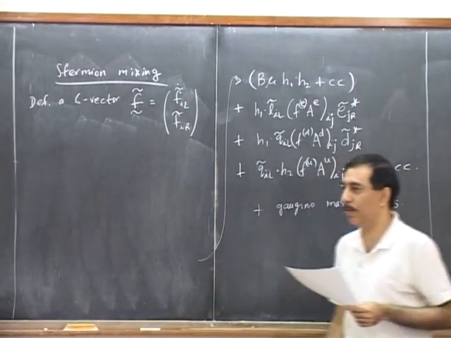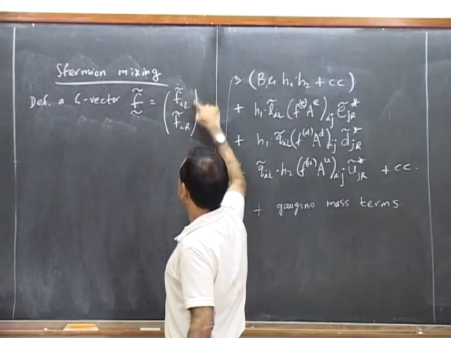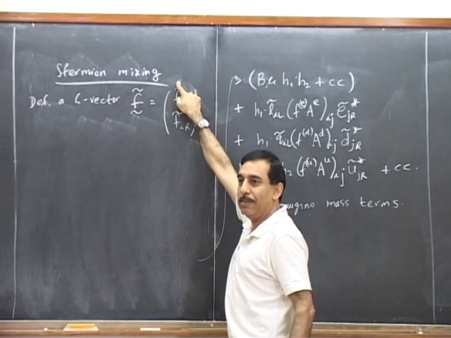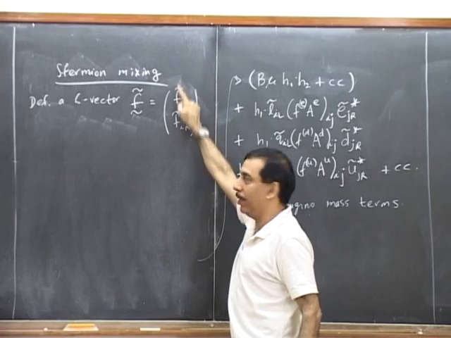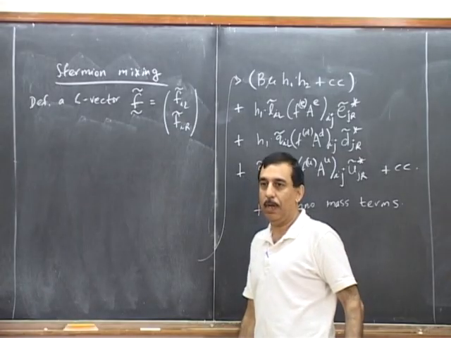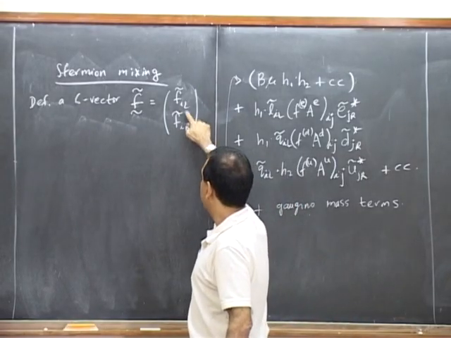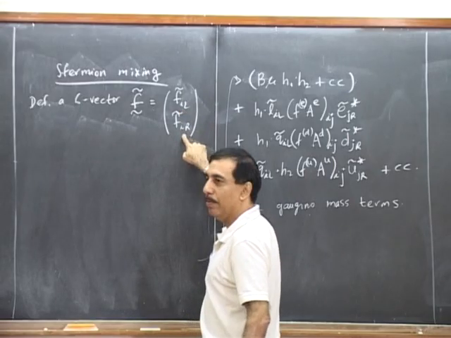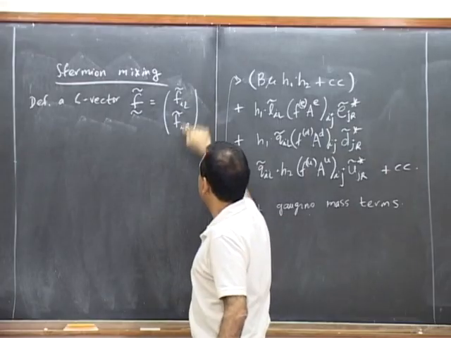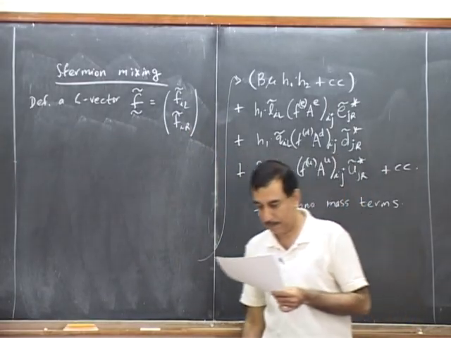What I've claimed is that this whole thing will mix. Any mixing within this is intergenerational mixing, for example between selectrons, smuons, and staus, or between up squarks, charm squarks, and top squarks. The same within this block of 3 objects there will be mixing between the right squarks or selectrons, and mixing between this and this will be left-right mixing for fermions.